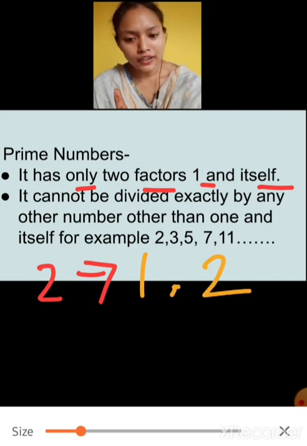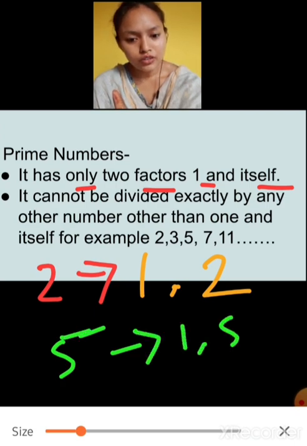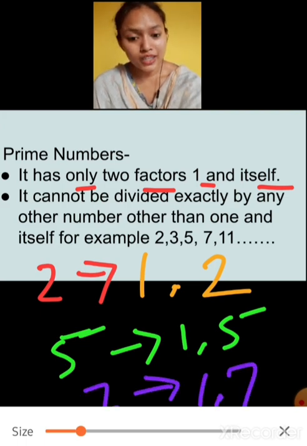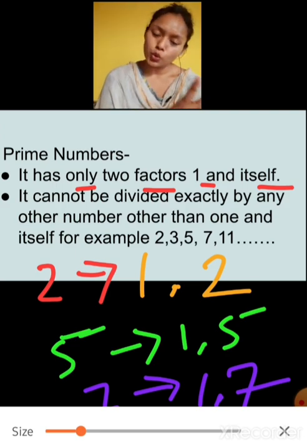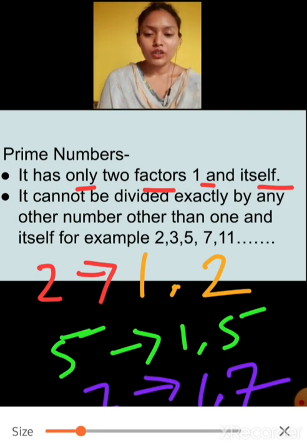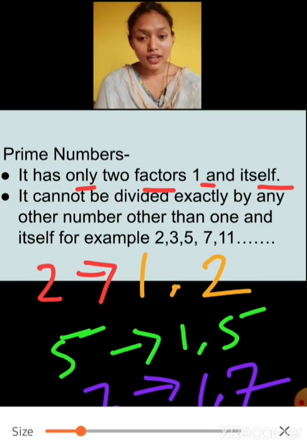What are the factors of 5? 1 and 5. What are the factors of 7? 1 and 7. So these numbers have only two factors, which means they are prime numbers.